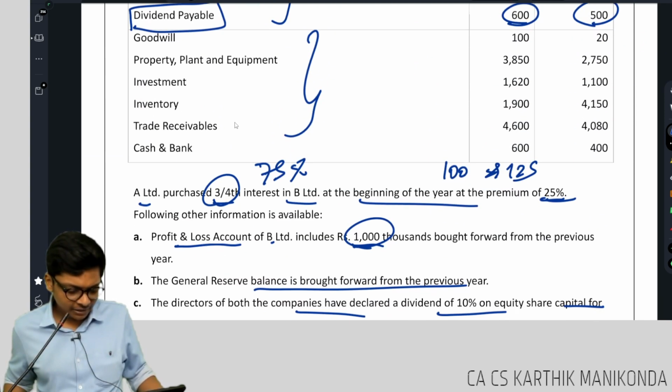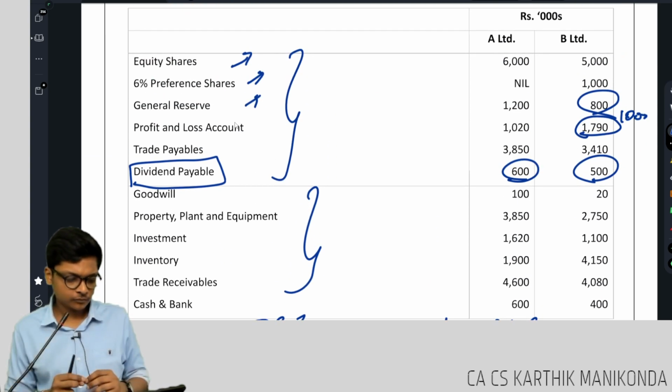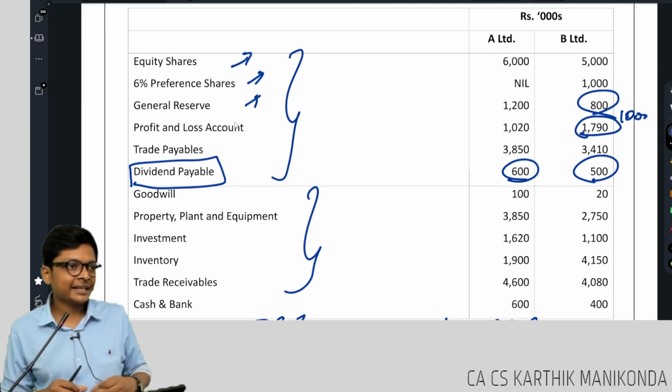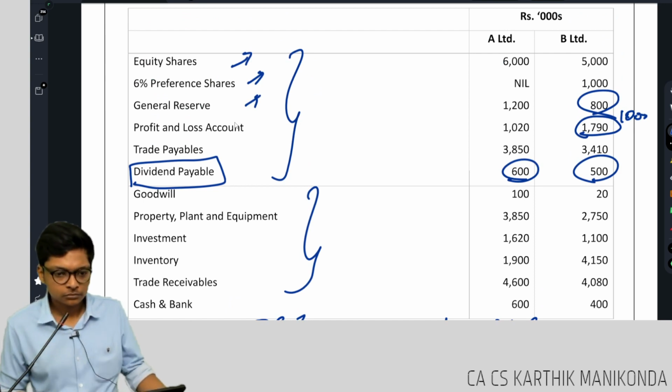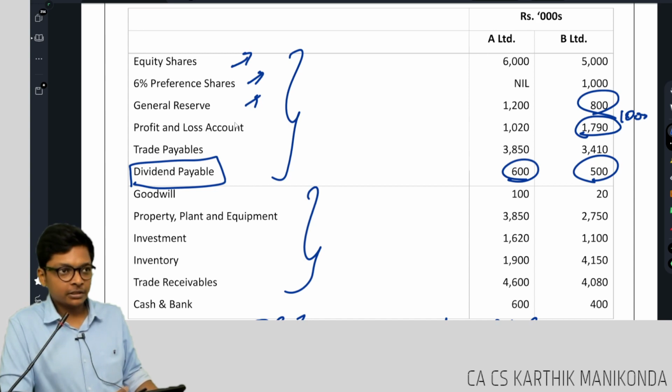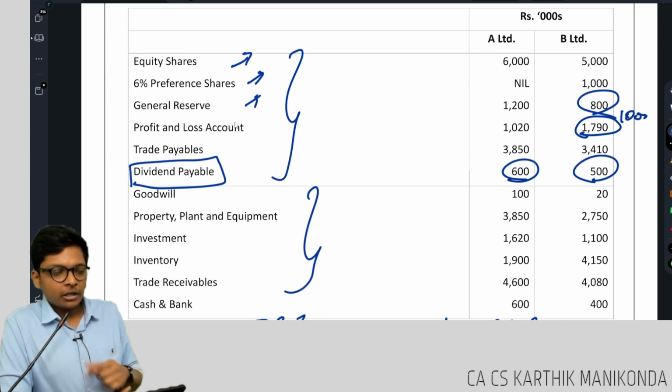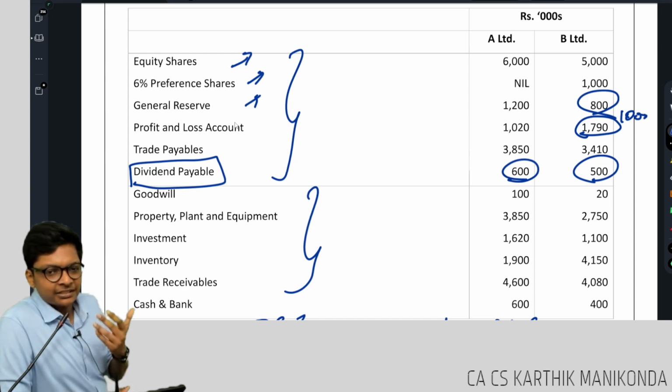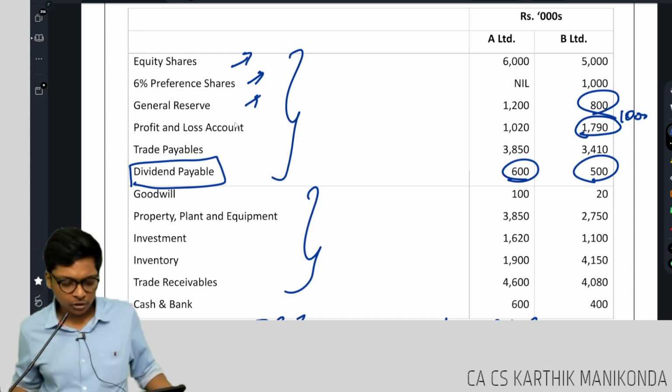How much dividend rate? 10%. Okay. Are you following guys, everybody? Important computation. It's next second step, holding and minority. Holding is 75%, minority is how much guys? 25%. That's it, 1/4.